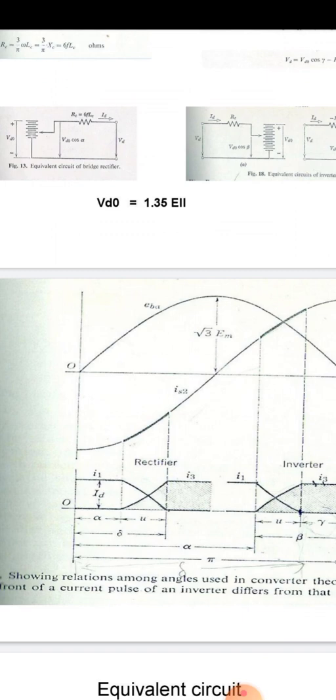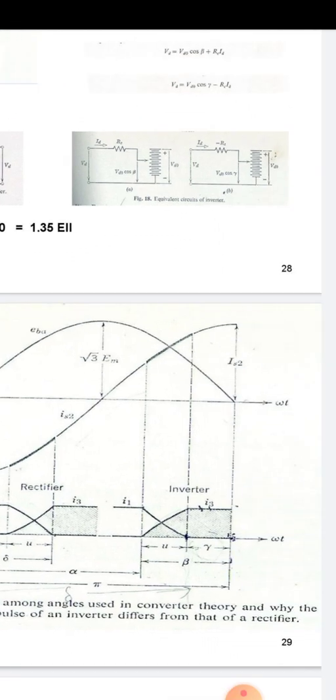That technical difference is, first, the rectifier's VD is connected through the AC voltage. Then the inverter always receives the HVDC as input DC.